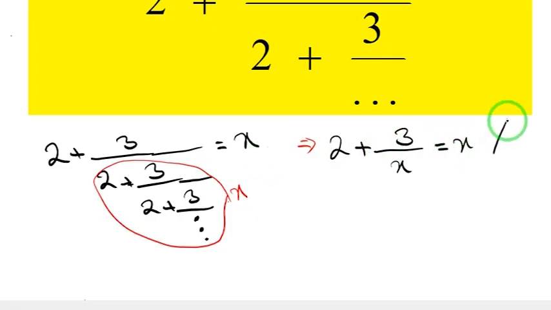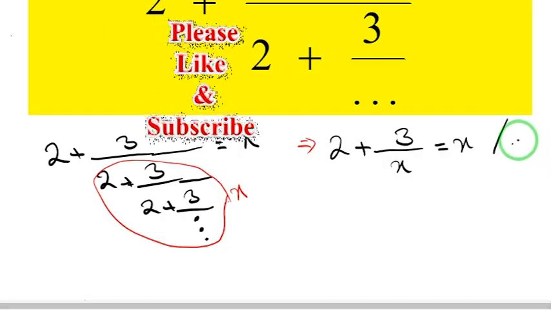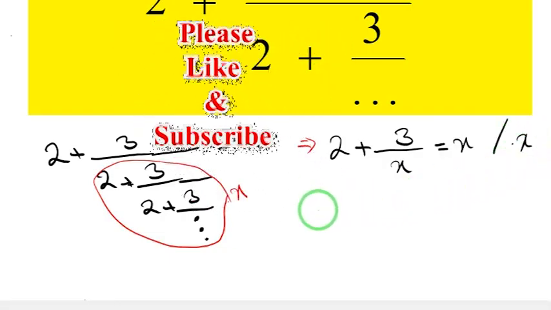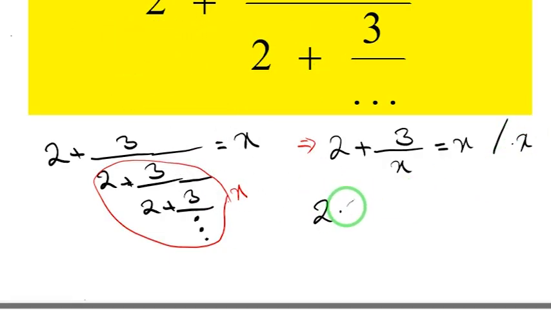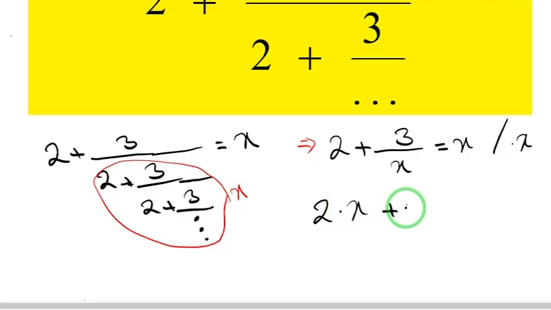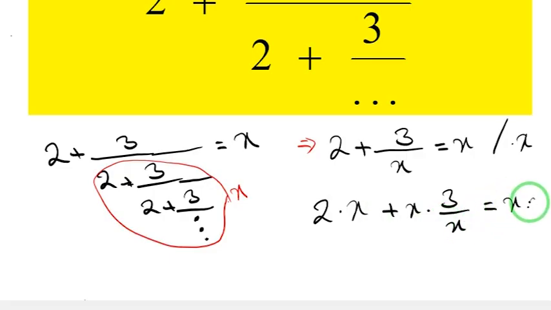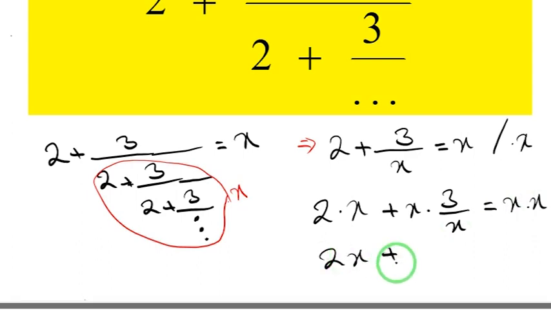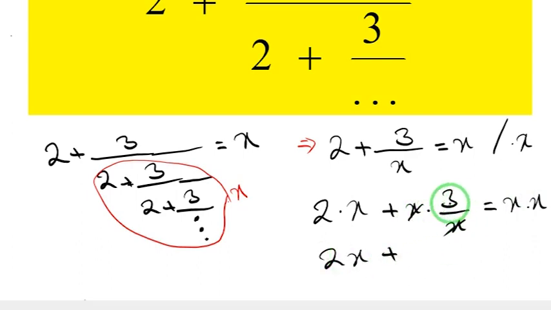Now we multiply both sides of the equation by x, and we can write 2 times x plus x multiplied by 3 over x equal to x multiplied by x. Then we can write 2x plus, we simplify x by x and 3 remains, equal to x squared.